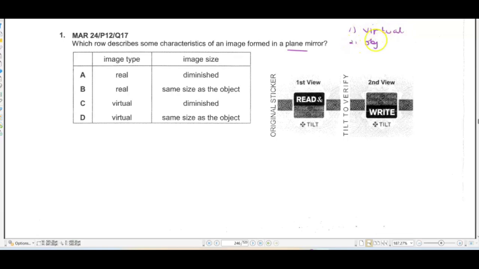Object size is equal to the image size. Object distance from the mirror is equal to the distance of the image.